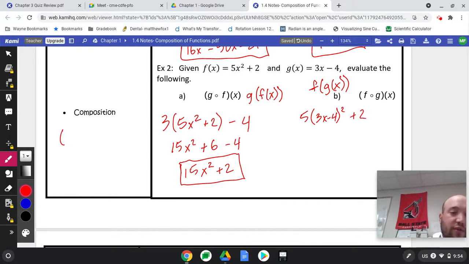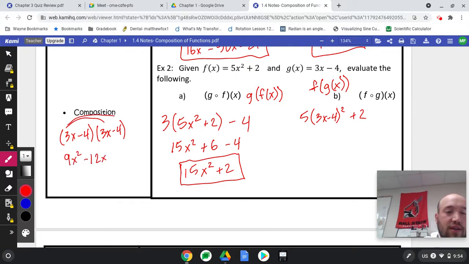So 3x minus 4 squared, I'll do this over here. Remember, it's 3x minus 4 times 3x minus 4. First gives us 9x squared, outside, minus 12x, inside, minus 12x, last, plus 16. So that's 9x squared minus 24x plus 16.